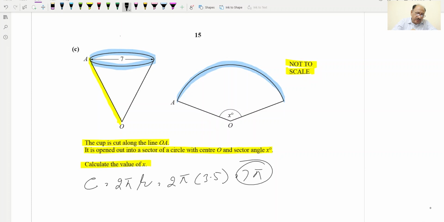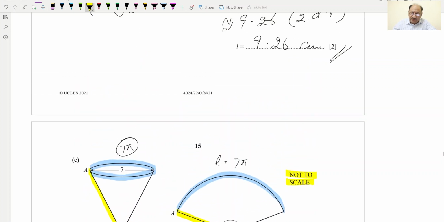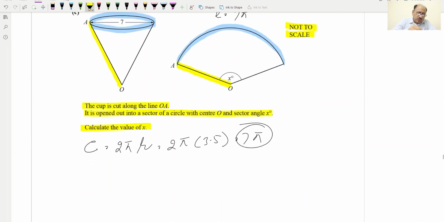So 7 pi is basically this circular path, and 7 pi is same length. This is arc length, which we are saying L is equal to this one, 7 pi. Now this OA is the same as this OA, and OA is what? We calculated the slanting height L 9.26. So this is 9.26 and this is also 9.26.